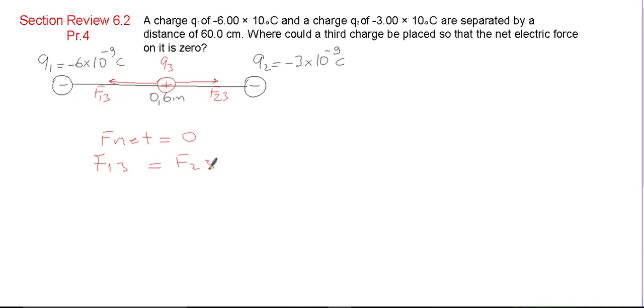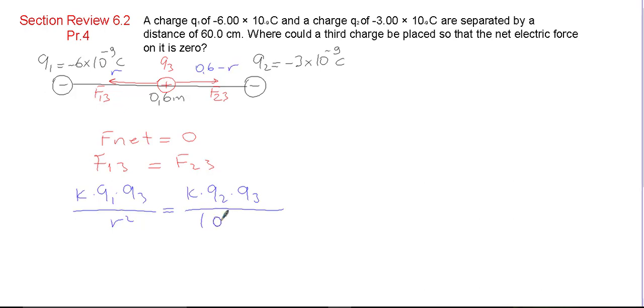Let's write the forces. Instead of F1 3, I will write K Q1 multiplied by Q3 and the distance. I will say this part R from Q1, so R square, is equal to, for F2 3, again k multiply q2 multiply q3 divided by, now, the other distance will be here 0.6 minus r.